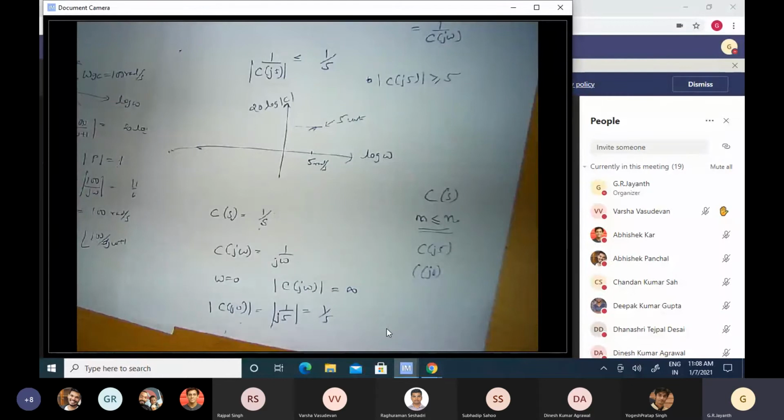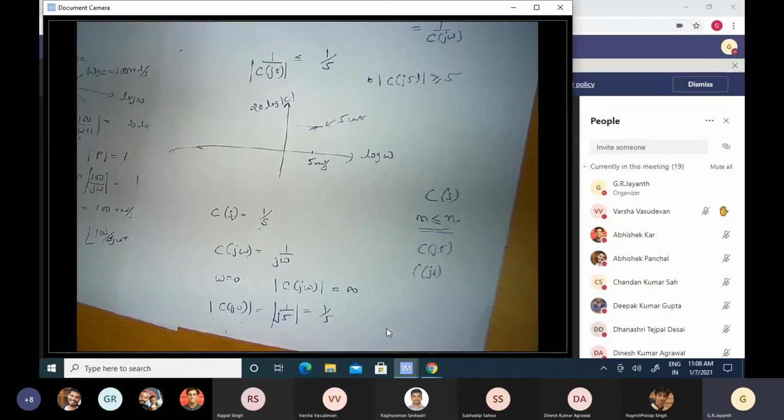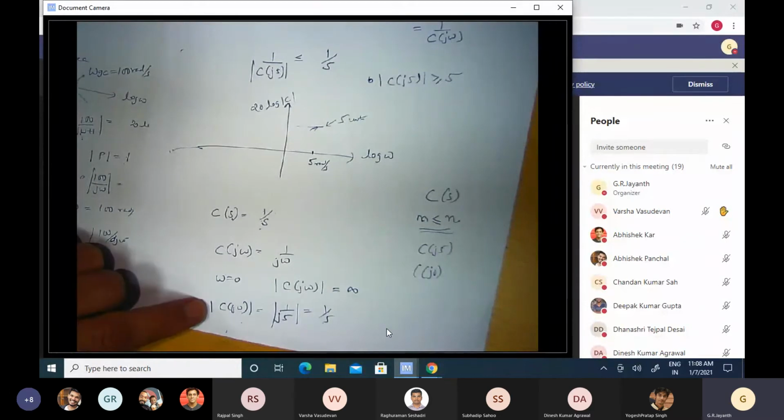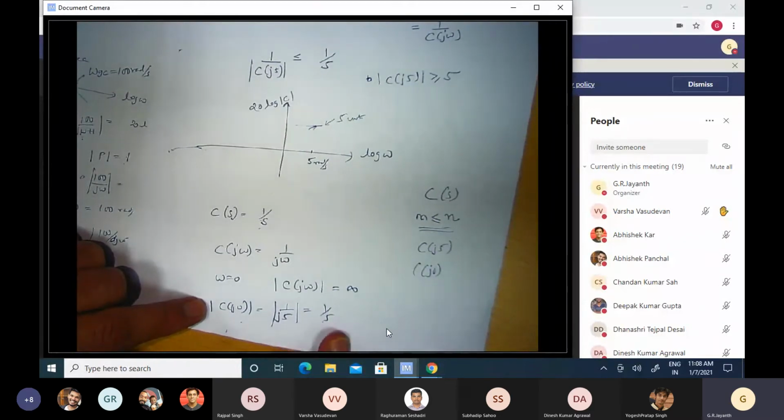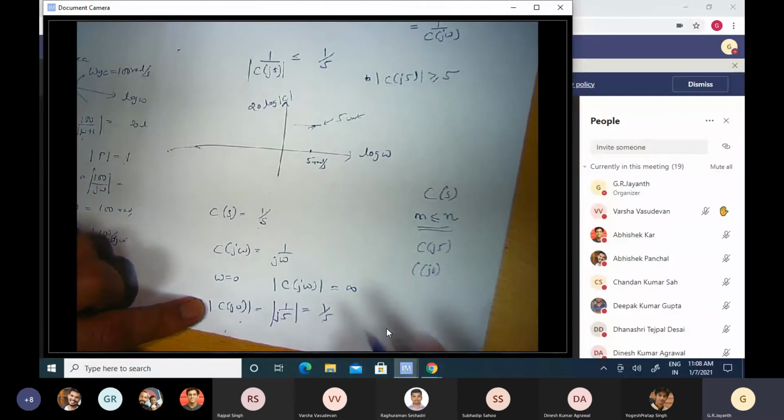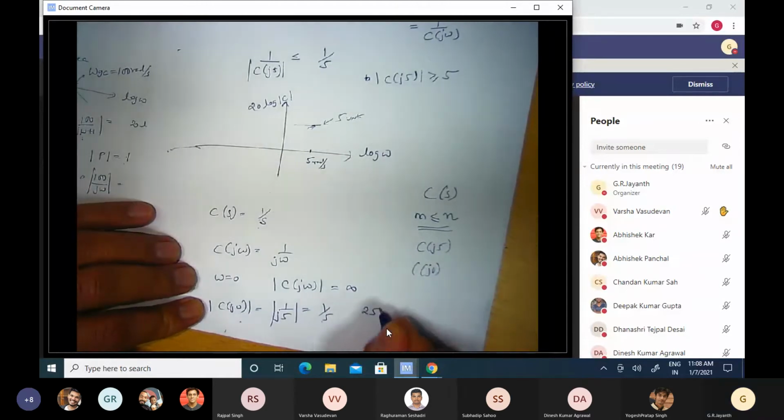We want to tweak this controller structure to the minimum extent possible so that it still satisfies both these specifications. If this was 5 instead of 1 by 5, I would be done. So what is the factor by which I need to increase the gain at 5 radians per second to meet the disturbance rejection specification? I need to increase it by a factor of 25.